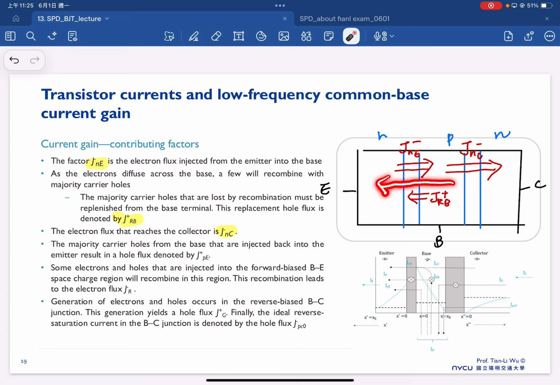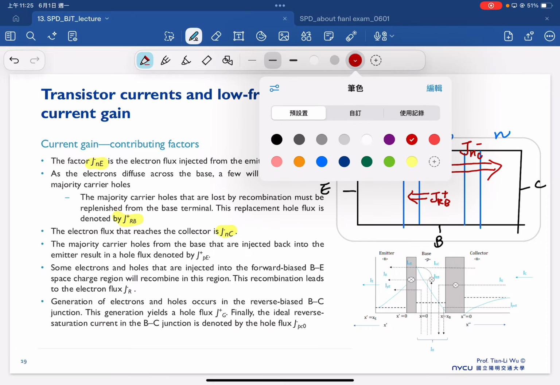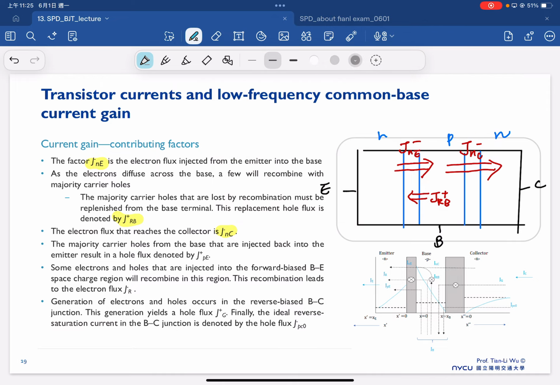This contributing factor we call JPE plus.